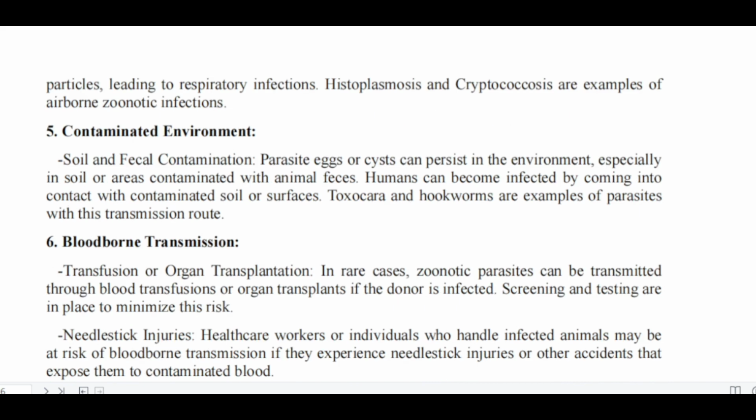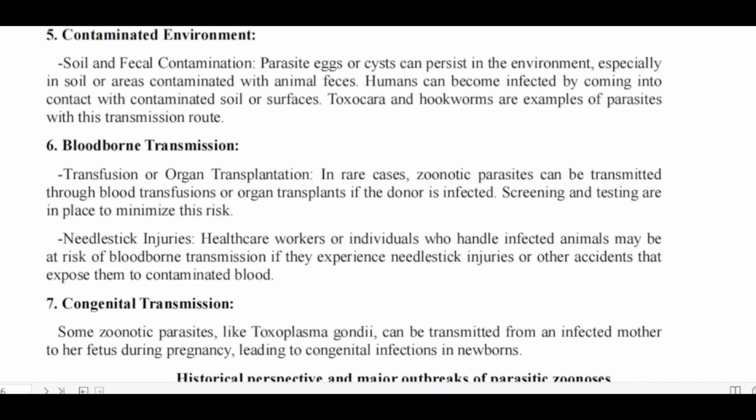And then you have some parasites that are blood-borne transmission. So these are parasites that can actually persist in the organs, let's say through transfusion or organ transplantation. In rare cases, zoonotic parasites can be transmitted through blood transfusion.